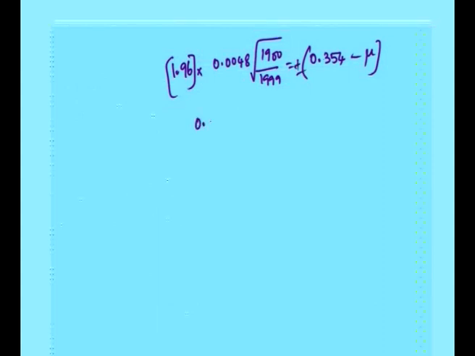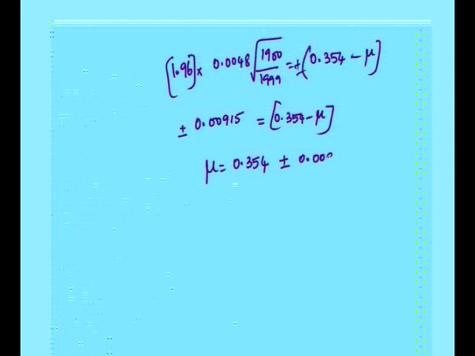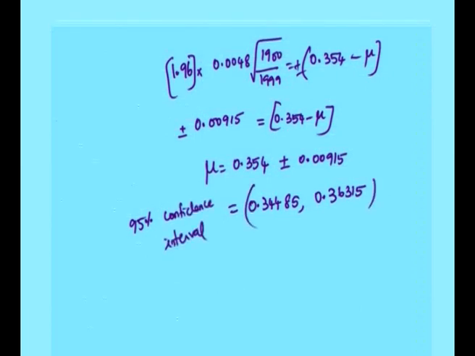So, 0.00915, or you can take this plus or minus here, is equal to 0.354 minus mu. So, mu is equal to 0.354 plus or minus 0.00915. Okay. So, the values are 0.34485 comma 0.36315. This is your 95% confidence interval.